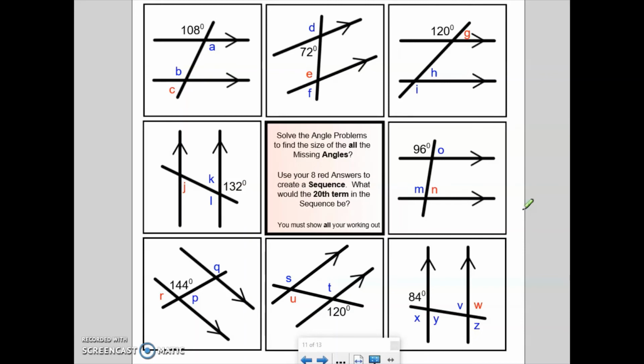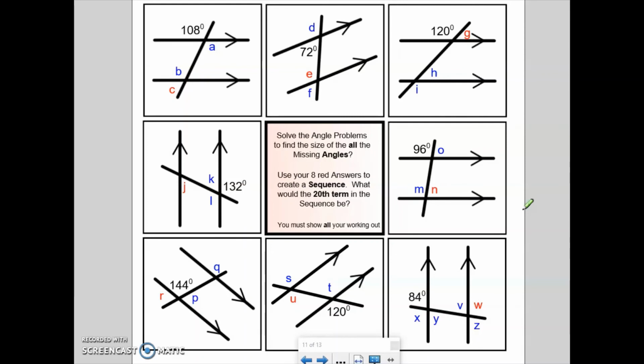Once you've found all the angles A to Z, so there's 26 to find, you need to look at your 8 red answers, C, E, G, J, N, R, U, and W. Those 8 answers will be rearranged to produce a sequence, and I would like you to find the 20th term in that sequence. Again, you have the ability to pause the video whenever you need to work through the task.